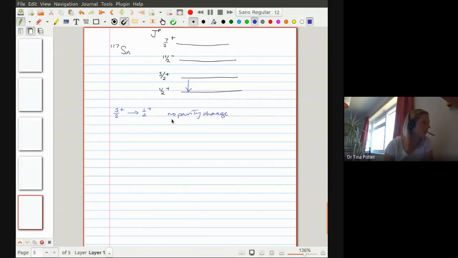And we also have a delta J of 1. So if you go back to, for example, slide 34 and you have a look at the table and what's allowed there, we've got no parity change and a delta J of 1. We want the M1 transition. That will give us no parity change and it will give us a delta J of 1 because the spin parity there for our photon is 1 plus.